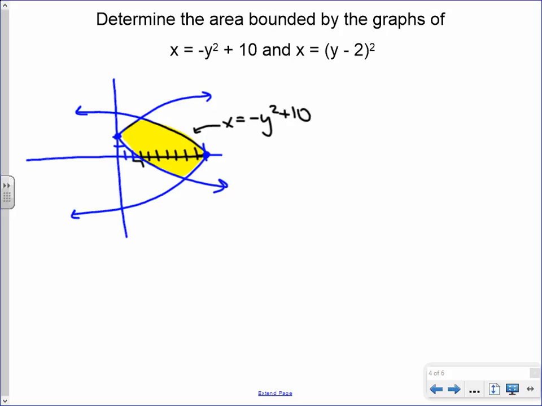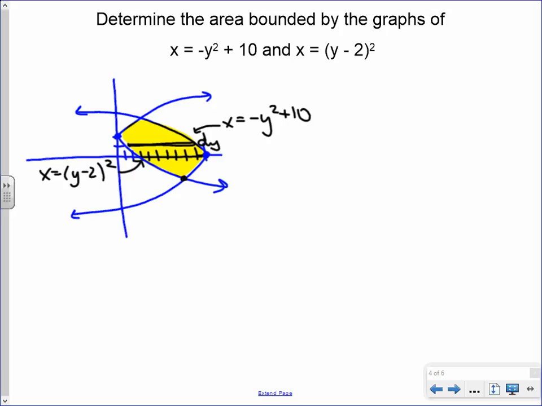And this is our parabola, x equals y minus 2, the quantity squared. You can see that if we draw in a horizontal rectangle with thickness dy, the function on the right is consistent with any rectangle, and the function on the left is consistent with all of those rectangles if we were to draw them.